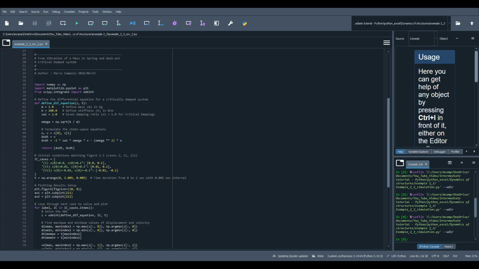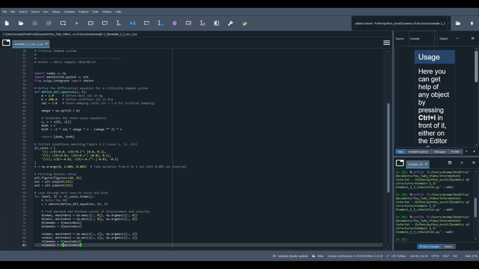In this function we start by defining the mass, 1 kilogram, k is the stiffness, 100 Newton per meter, and zeta is 1 for critical damping. We can calculate omega, the square root of k over m, and after formulate the state space equation.